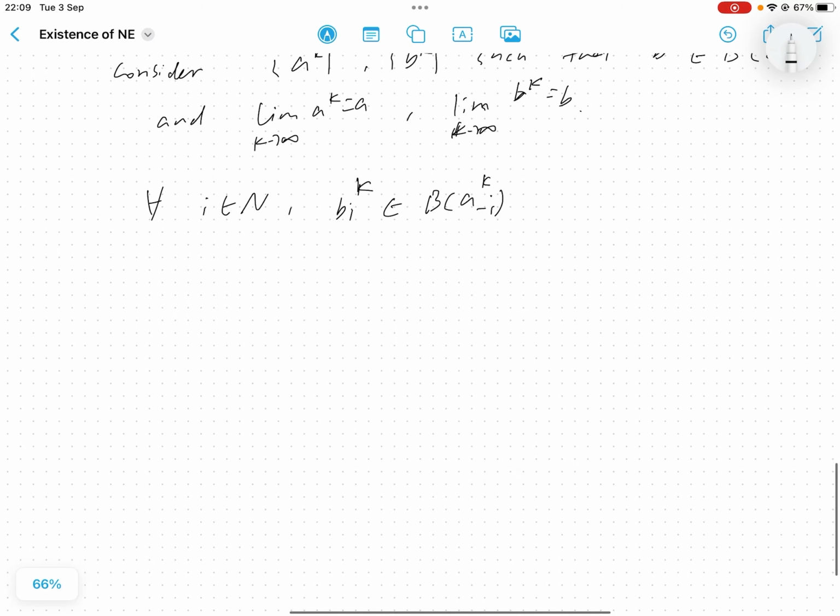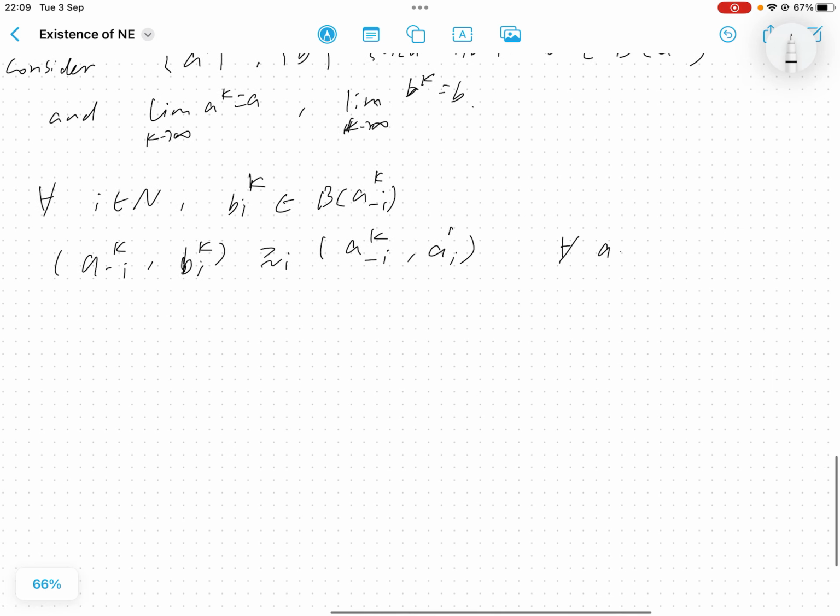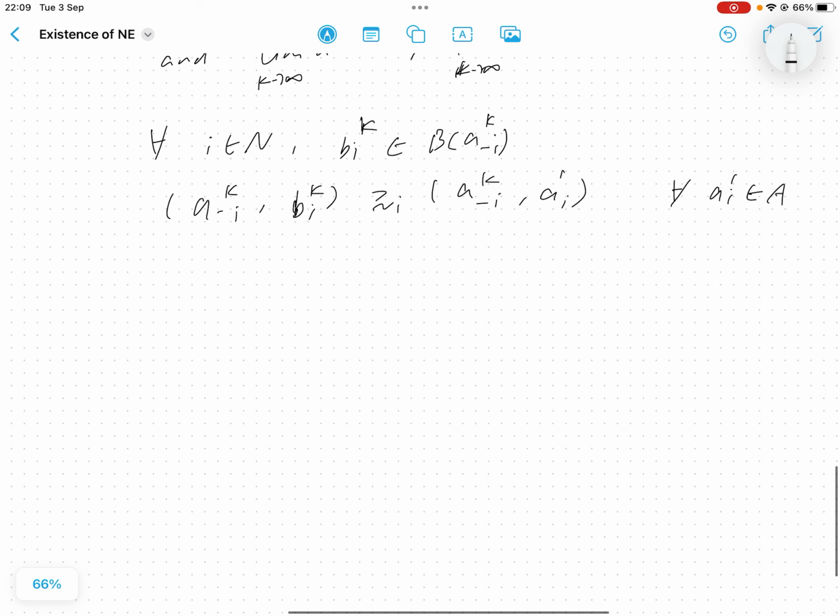All right, since this is the best response correspondence, what we have is that (a_-i^k, b_i^k) is weakly preferred to (a_-i^k, a_i'), right? And this has to be true for all the a_i' from the action set A_i, right?